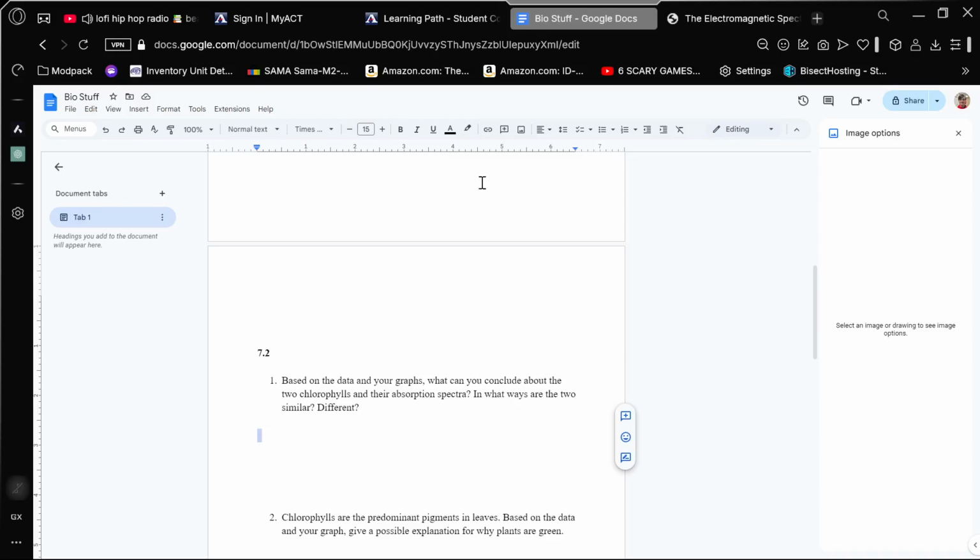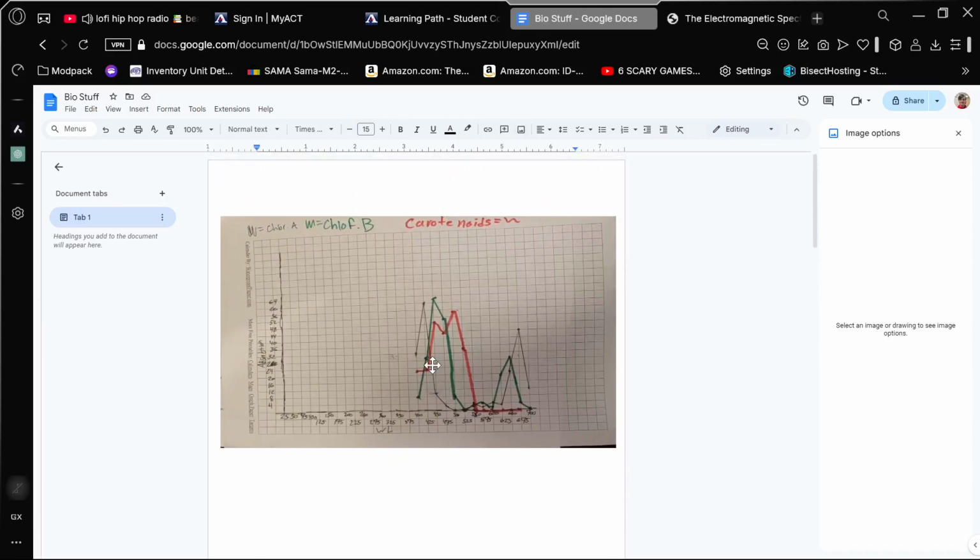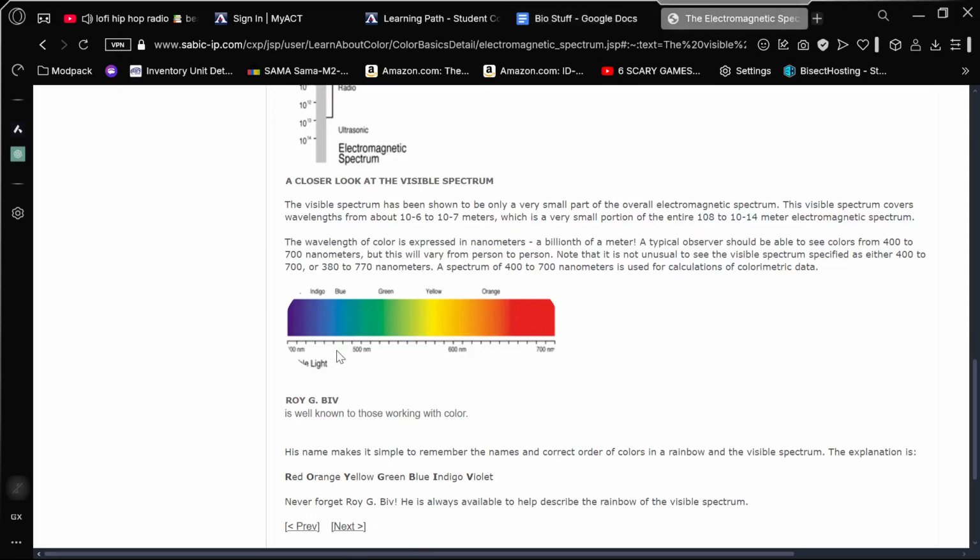Well, if we look at chlorophyll B, we see that between those two, that's when it absorbs the most. So at 450, it absorbs the most.